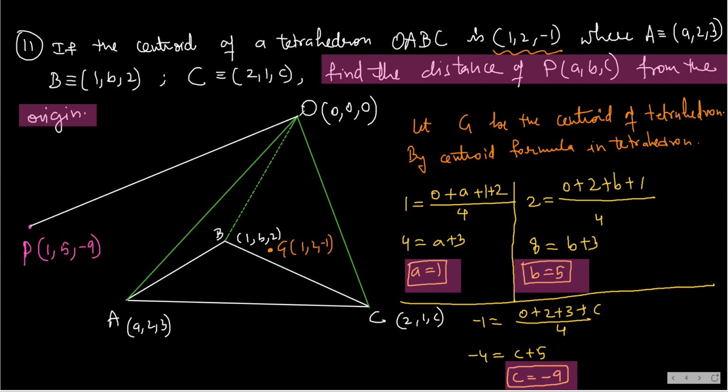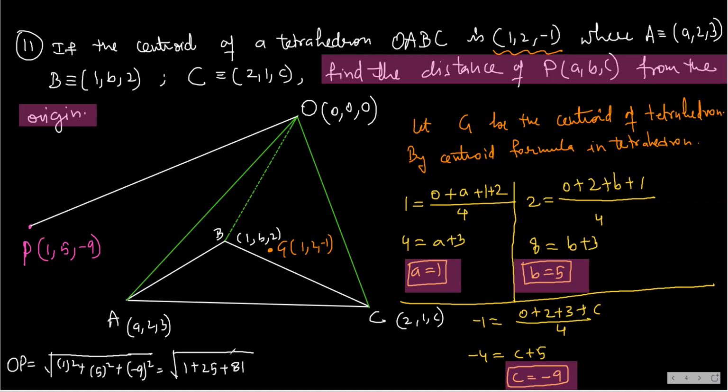The distance of any point from the origin is the square root of the sum of squares of the x, y, and z coordinates. So OP equals the square root of 1 square plus 5 square plus negative 9 square, that is 1 plus 25 plus 81.